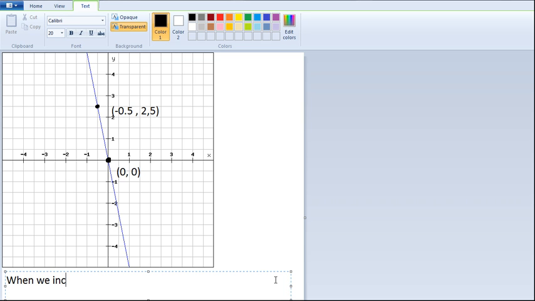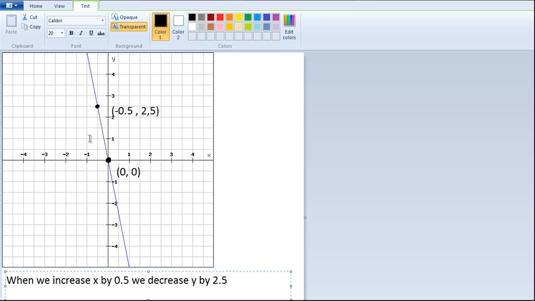When we increase x by 0.5, do we increase or decrease y? We go from 2.5 to 0, which means that we decrease. We decrease y by 2.5.